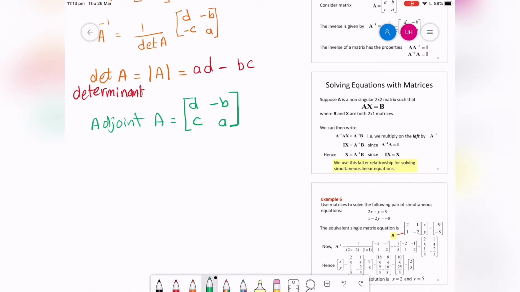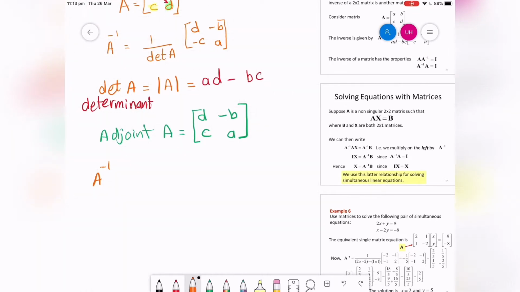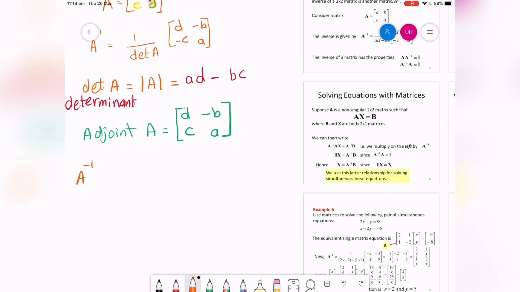So the A inverse, which is the inverse matrix, is 1 over the determinant multiplied by the adjoint. So that's d, minus b, and this should be minus c, and a.